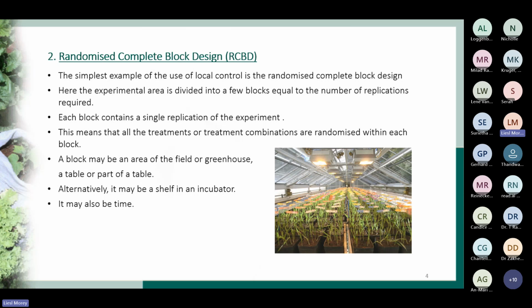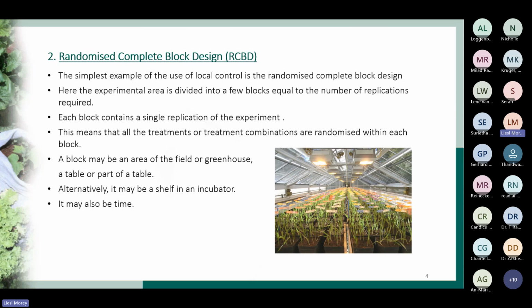The simplest example of the use of local control is the randomized complete block design. Here you divide your experimental area, whether it's the greenhouse or the field, into a few blocks. The number of blocks is equal to your number of replications.